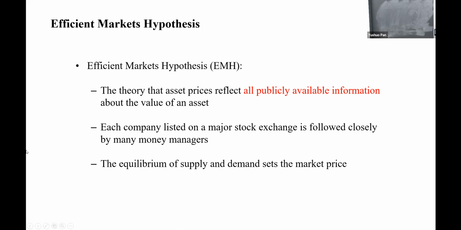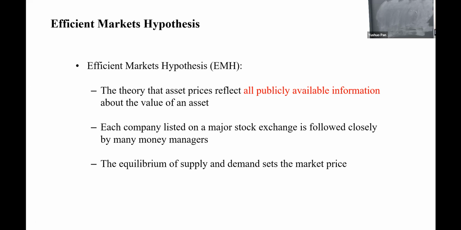That method relies on the efficient market hypothesis, the theory that asset prices reflect all publicly available information about the value of an asset. Here, the price reflects all the public information.